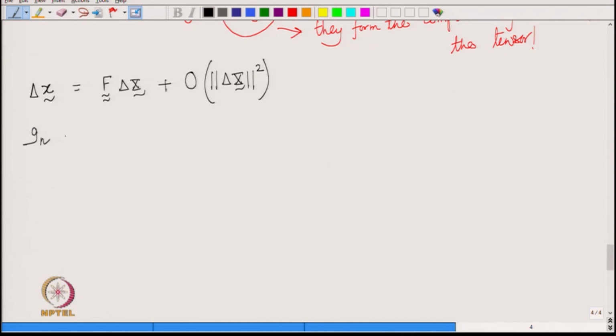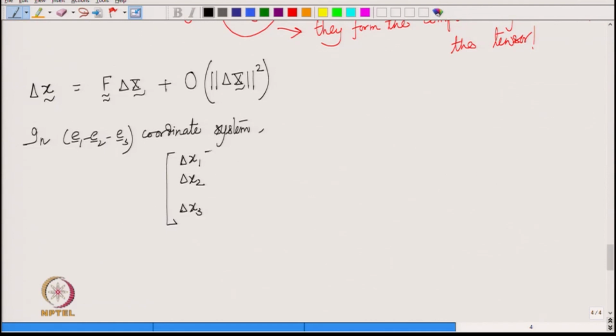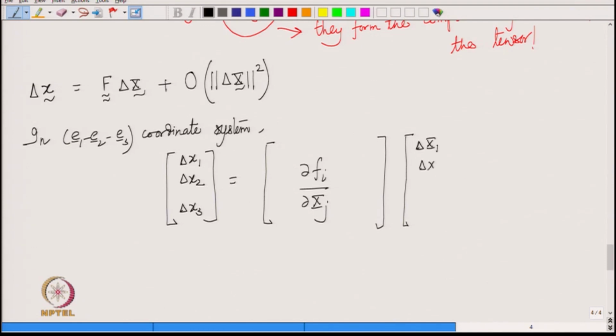So, in the E1, E2, E3 coordinate system, we have delta small x1, delta small x2, delta small x3, that is equal to the matrix of the second order tensor big F, which has del small f i over del big X j, these derivatives, times delta big X1, delta big X2, delta big X3, plus big O of delta big X whole square.